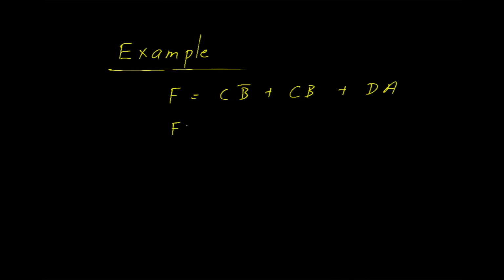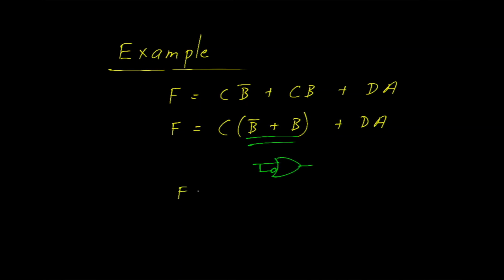We could rewrite this as C(B' or B). You'll notice there's a C in each of these terms, so we're just using the associative property. Or dA. This term, B' or B, that's this one here, we'll always evaluate as true.